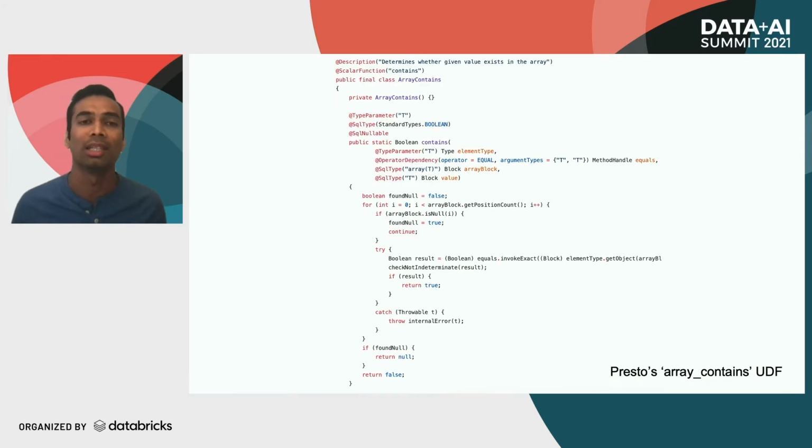So what does it mean when a user has to implement their UDF in Presto? On this slide, I have an example of the array contains UDF in Presto. This is just to give you a flavor of what it means to implement this. First off, the user would have to learn about Java because Presto functions are written in Java.